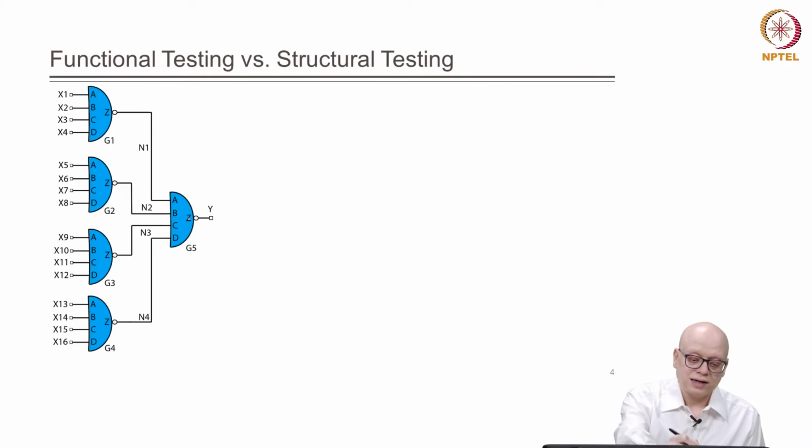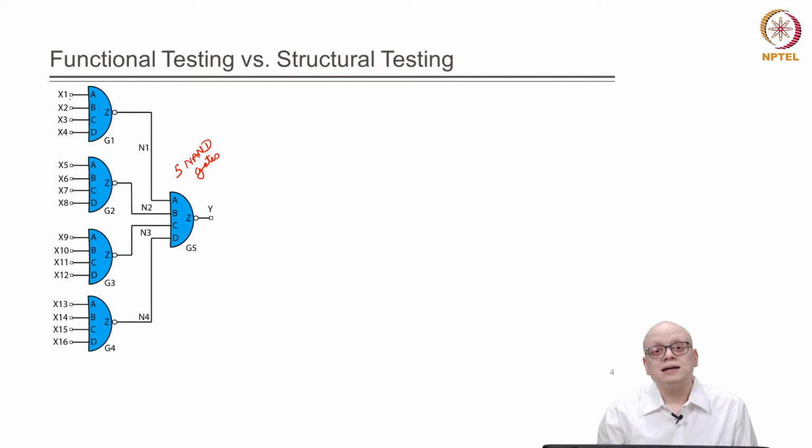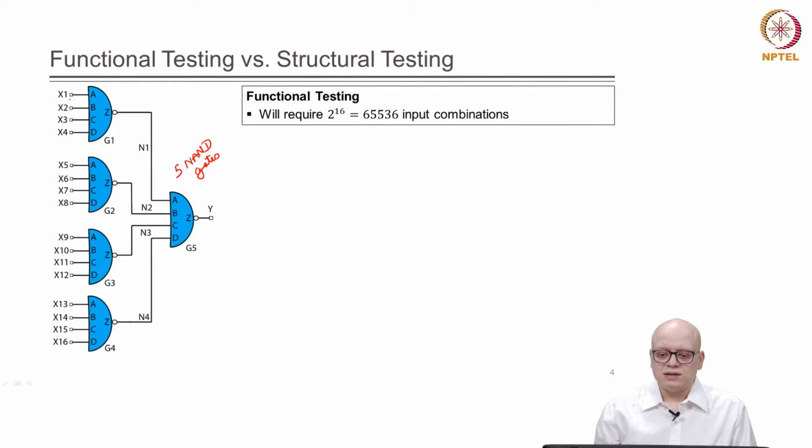In this circuit there are 5 NAND gates, G1, G2, G3, G4, G5, and there are X1 to X16, 16 input ports. Now, if we want to do functional testing of this circuit, how many test vectors will be required?